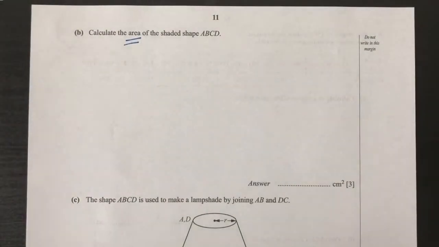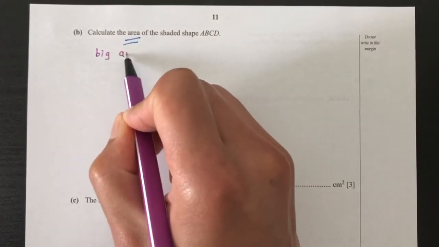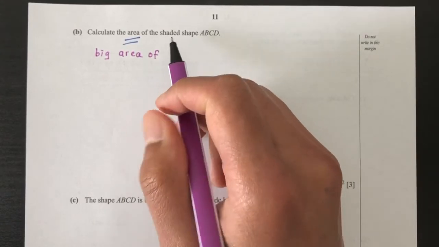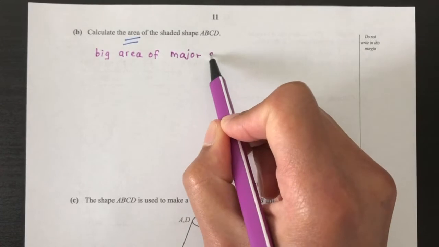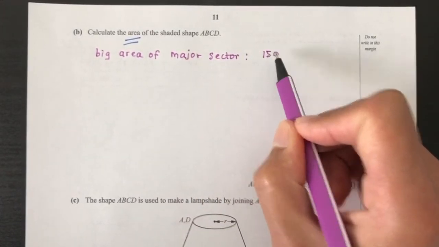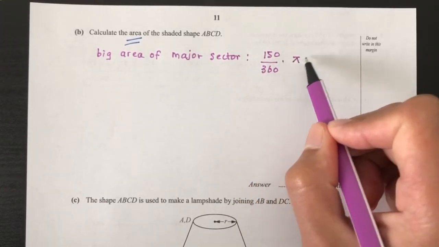So to find the big area, that is the area of the major sector, it is the angle, which is 150 divided by 360, and the formula is always pi r squared.